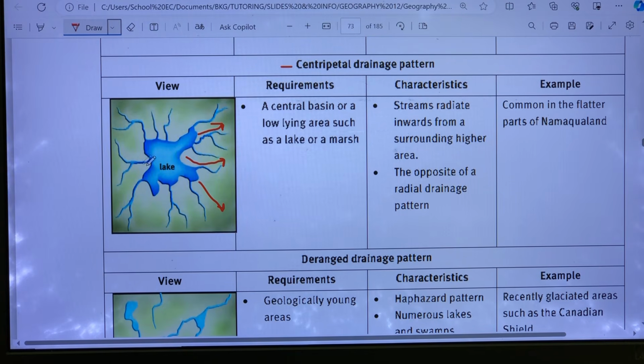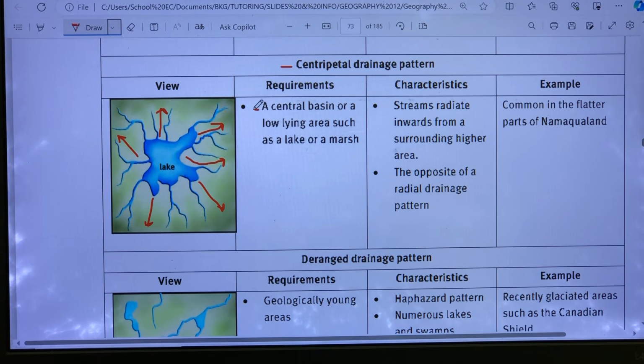We can clearly see that these small tributaries that join to form this lake originate from a high-lying area. My arrows show this is a high-lying area, guys. I mean that as you move up, it's increasing in height above sea level.